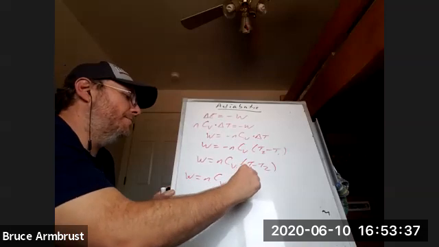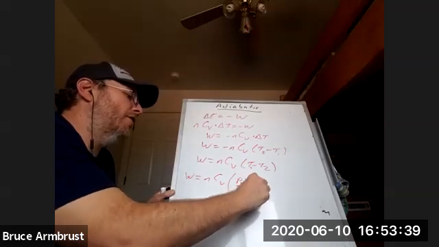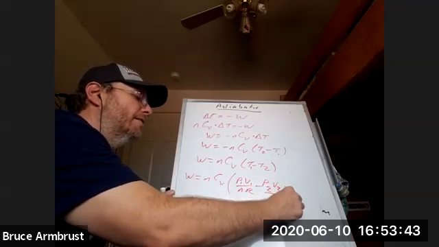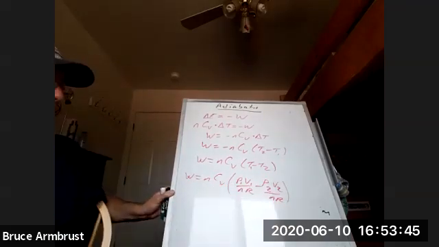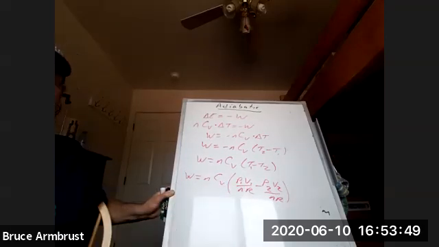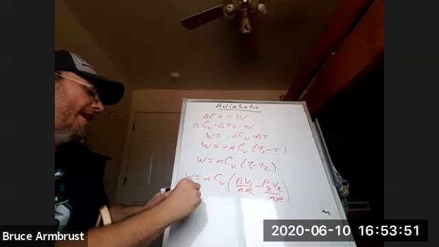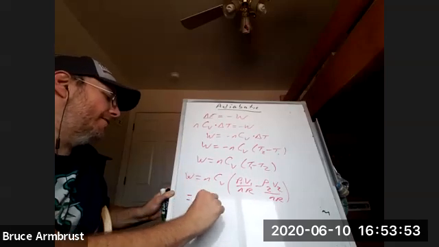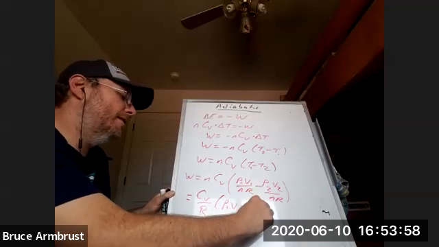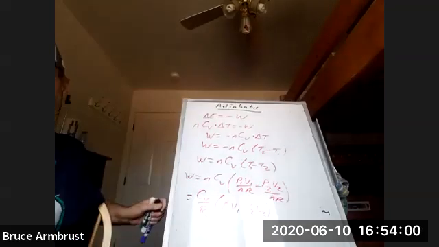So this is going to be P1V1 over nR minus P2V2 over nR. So I can factor out the nR, and the n's are going to cancel. So we get CV over R times P1V1 minus P2V2.